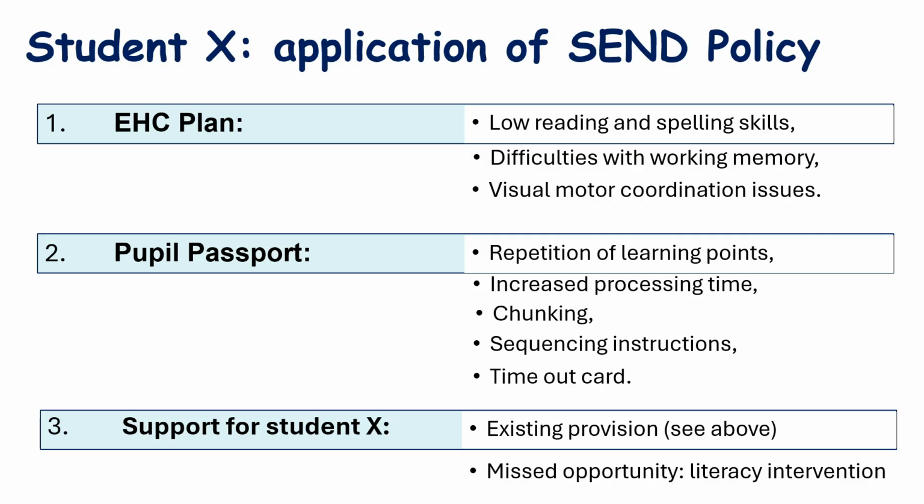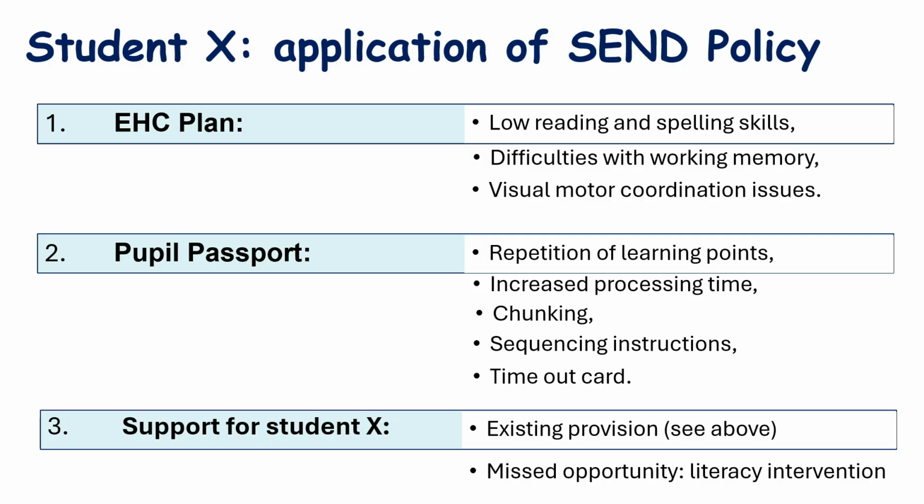Student X's case documented in his EHC plan and pupil passport is consistent with dyslexia, highlighting spelling and writing difficulties, working memory difficulties, and visual motor coordination difficulties, which affect his writing fluency and the legibility of his writing. Student Access Passport specifies the strategies to improve his learning outcome. They include the repetition of learning points to strengthen retention in working memory.